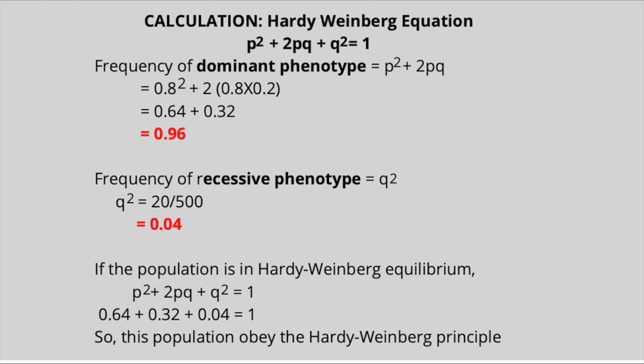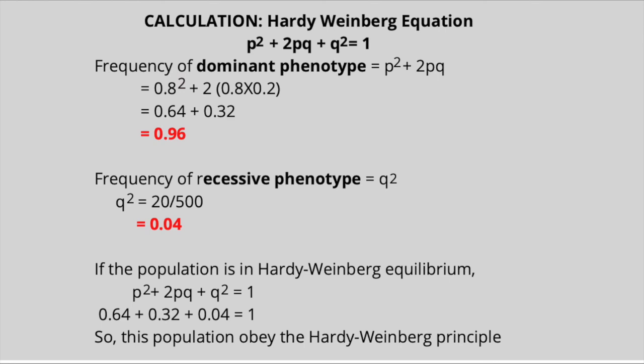The frequency of the recessive phenotype is q squared. Total number of homozygous recessive divided by total population. 20 divided by 500 equal to 0.04.